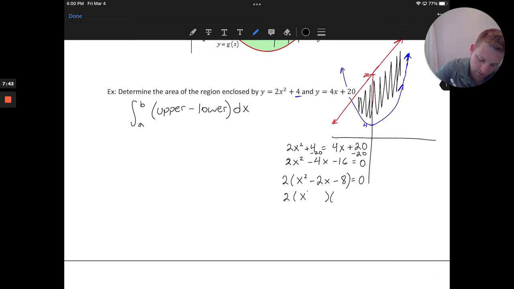If we factor this, the factors that give us negative 8 and add to negative 2 would have to be negative 4 times positive 2. So we could have x minus 4 and x plus 2. So these two solutions that we're going to get are going to be x equals positive 4 and x equals negative 2.